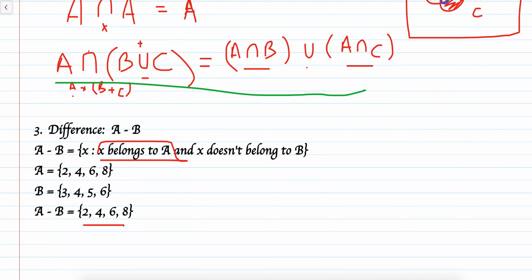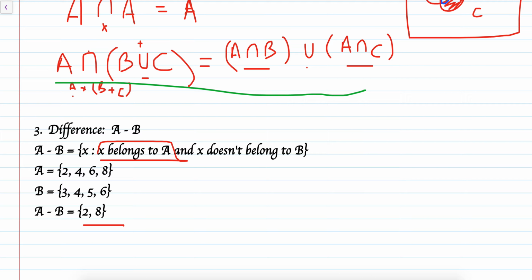The second is that it should not belong to B. So whatever elements are present in B, we will remove them. So 2 is not present here. 4 is present here, so we will remove. 5, 6 is present in B, so we will remove here. 8 is not present in B. So A minus B would be 2 and 8.